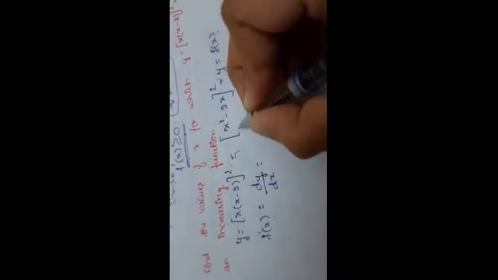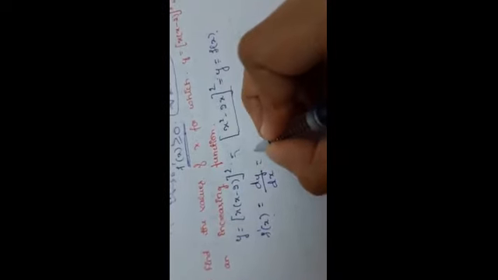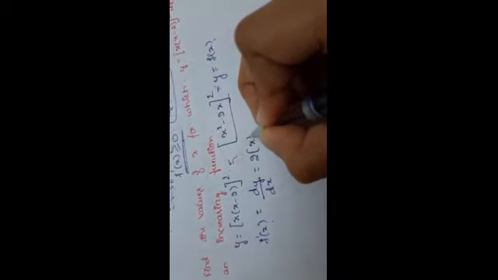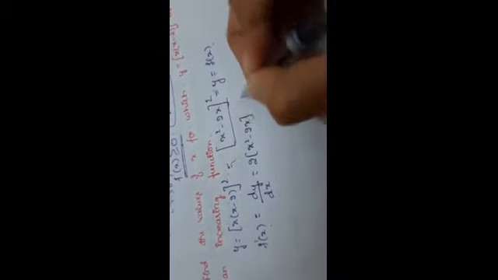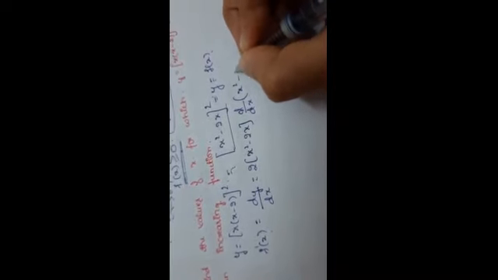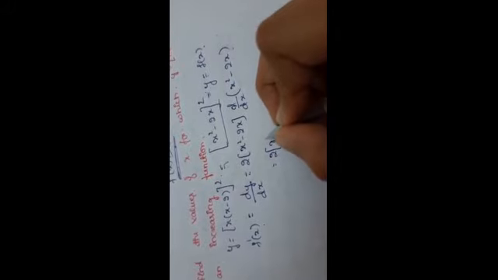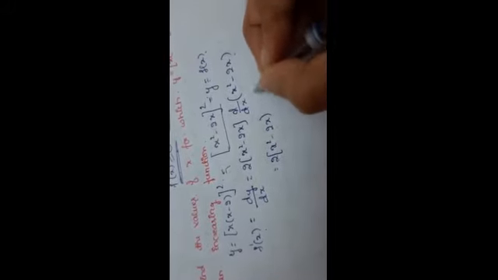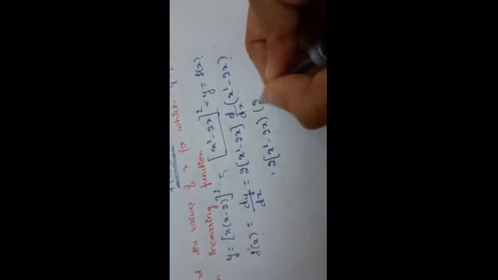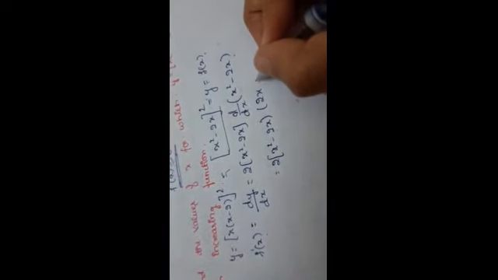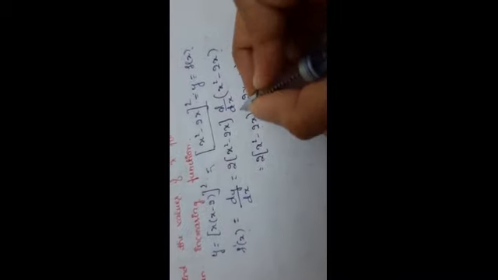What is the differentiation of this? It is nothing but 2 into x square minus 2x by the chain rule, times the differentiation of x square minus 2x. So 2 into x square minus 2x, differentiation of x square is 2x, differentiation of minus 2x is minus 2.